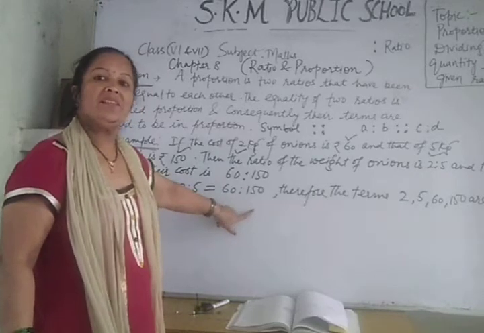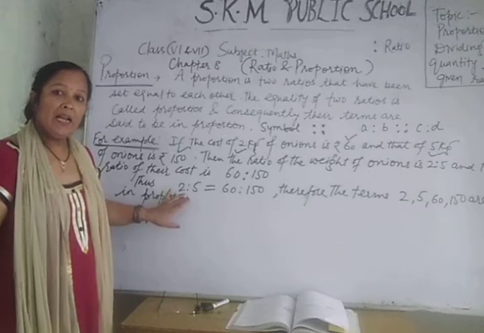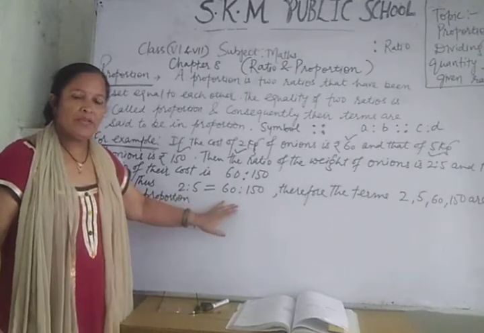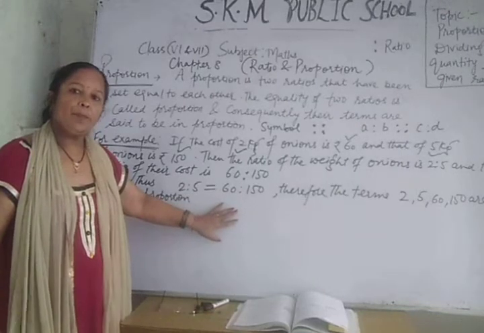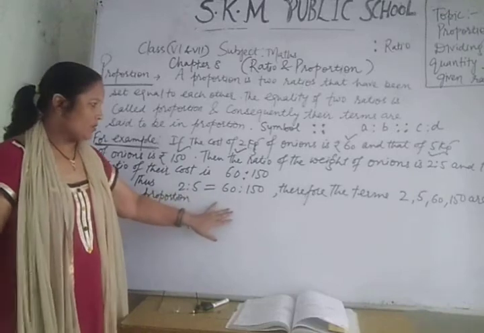That set of ratio is in cost, in rupees, and the first set of ratio is in kilograms. Here it is weight and here it is cost.